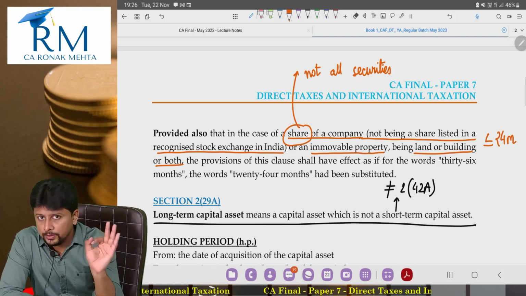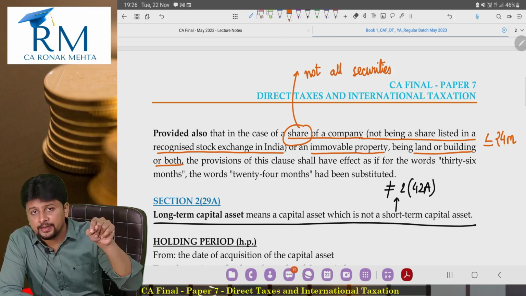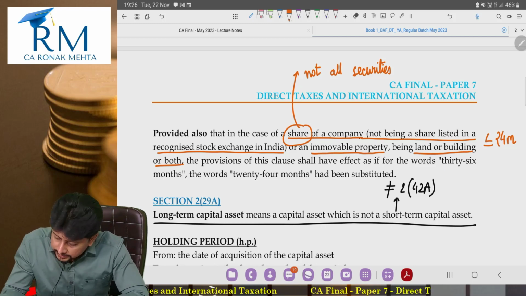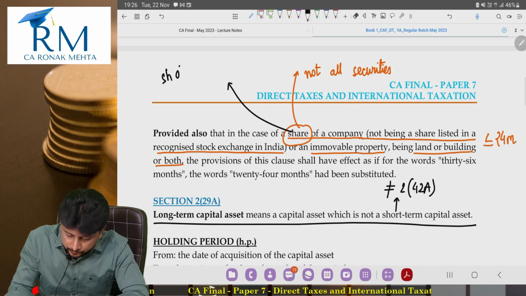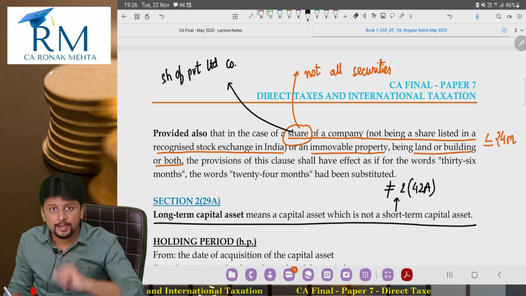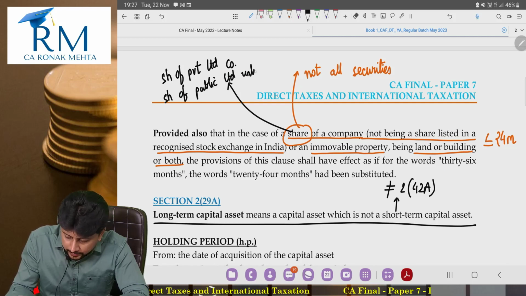So if I am talking about a share but the company is not listed in a recognized stock exchange in India, so the first example that will pop up in your mind is that I am talking about shares of a private limited company which is not listed in India. Second example that can come up into your mind is share of a public limited company, but a public limited company which is an unlisted public limited company.